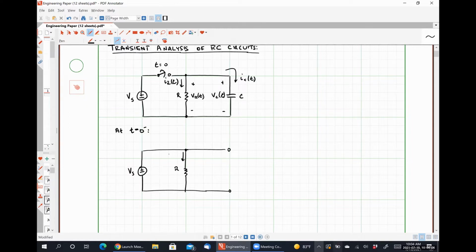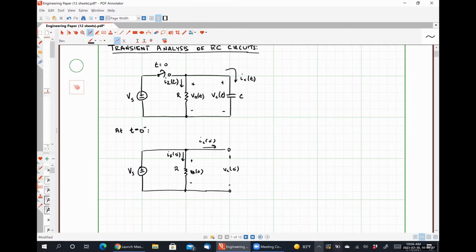So this would be IR at 0 minus. In turn, this would be IC at 0 minus. Here's our voltage VR at 0 minus. And here's our capacitor voltage VC at 0 minus. So it should be pretty easy to see that our capacitor voltage at t equals 0 minus will just be our source voltage Vs.